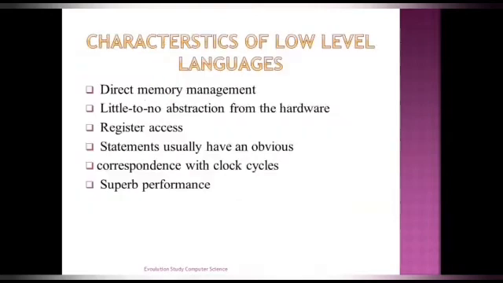Now let's talk about its characteristics also. Direct memory management, little to no abstraction from the hardware, register access. Statements usually have an obvious correspondence with the clock cycles and superb performance.